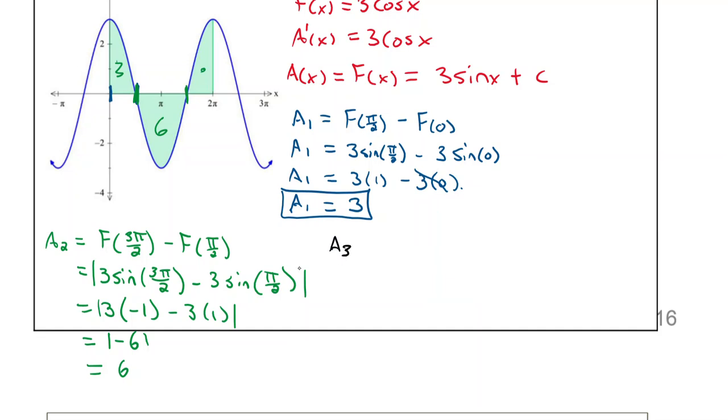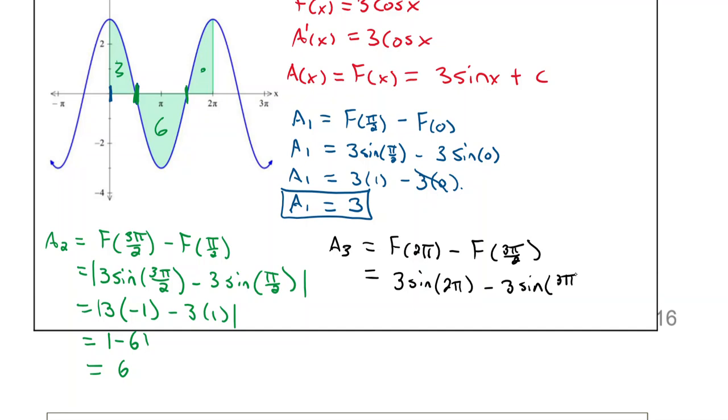All right, so A3 is equal to F of 2 pi minus F of 3 pi over 2, which would become 3 times sine 2 pi minus 3 times sine of 3 pi over 2.